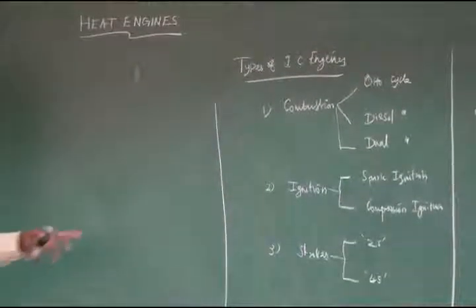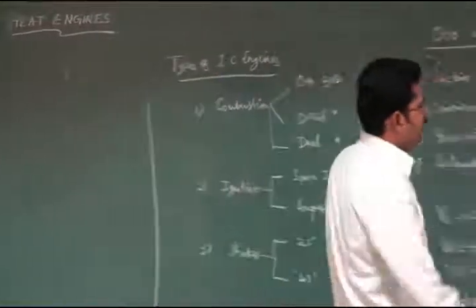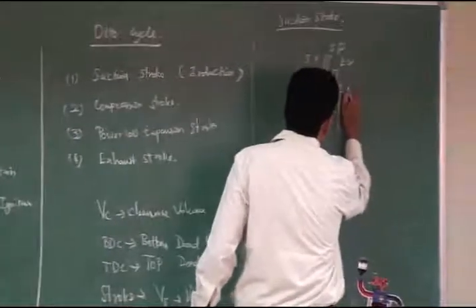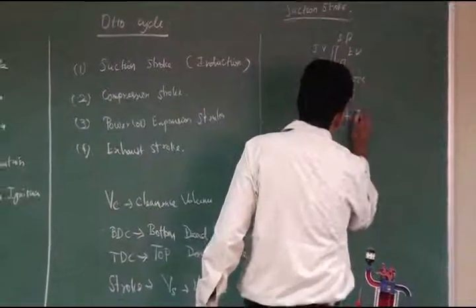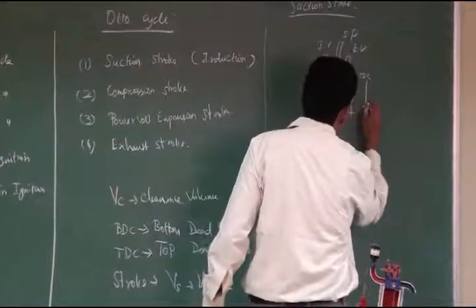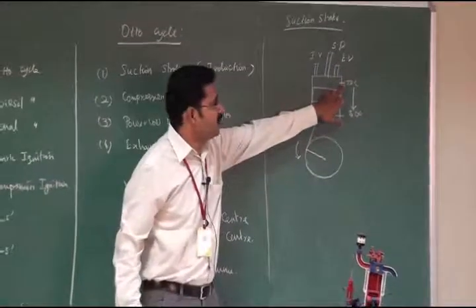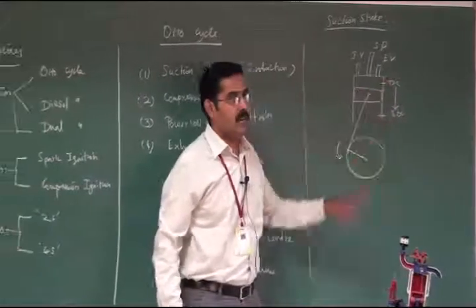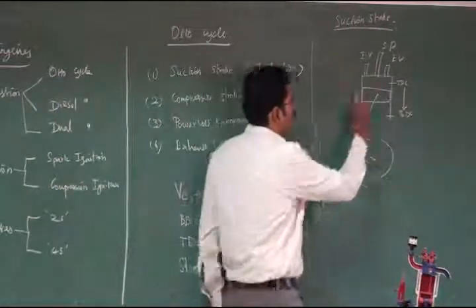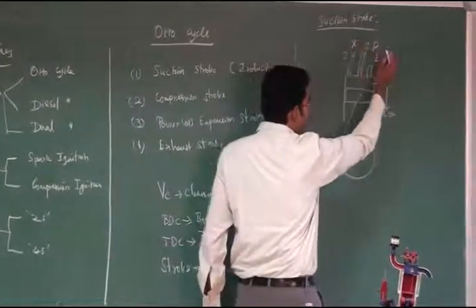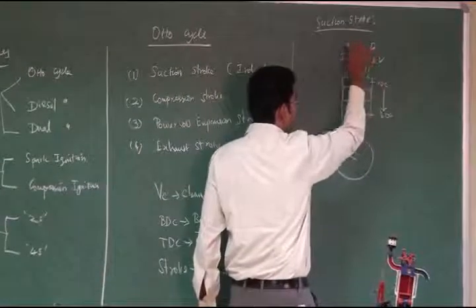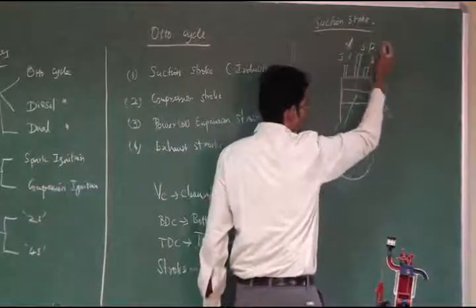Suction stroke. During the suction stroke, the piston moves downwards from TDC to BDC. At that time the inlet valve gets opened and the exhaust valve gets closed.